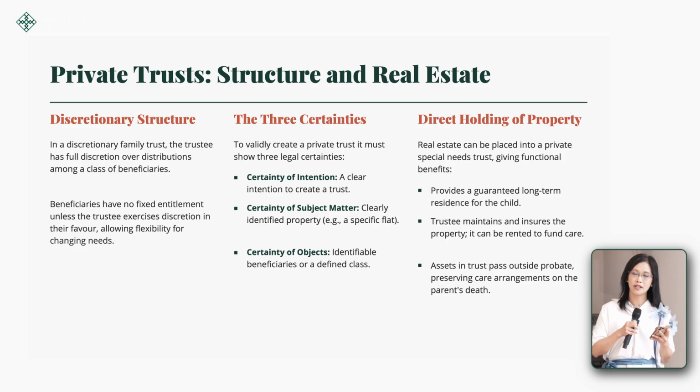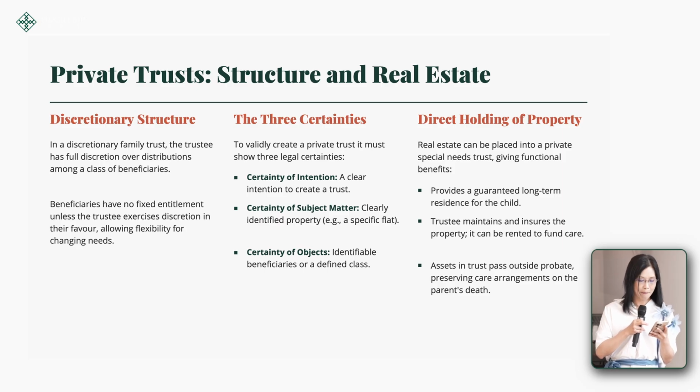So where private trust truly shines for our families is direct holding of real properties. Real estate can be placed into the trust and the benefits are tangible. It provides a guaranteed long-term residence for the child.